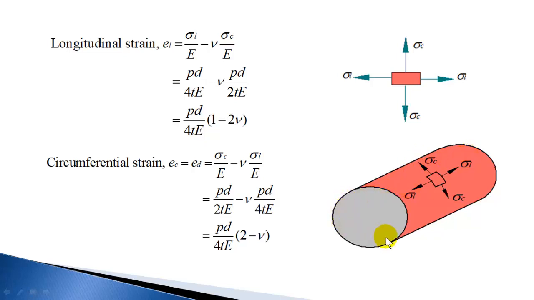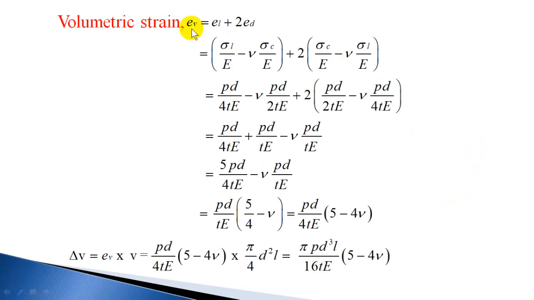The fluid inside the cylinder, the diameter will increase and the length will increase. So the inside contents, that is fluid, is in the form of a cylinder, and this cylinder's dimensions will change. Okay, the diameter is increasing and length is increasing. So there is a strain in length and strain in diameter. So these strains will induce a volumetric strain. So volume will change, and you can say volumetric strain EV is EL plus 2ED.